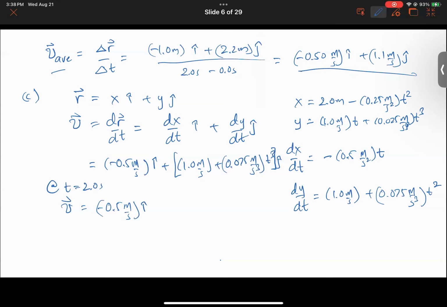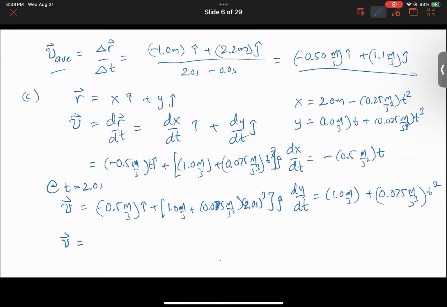And then at t equals 2 seconds, yung y component magbabago, kasi i-multiply natin itong 0.075 meters per second cubed by 2.0 seconds squared, j hat. So yung velocity vector natin ngayon is given by, wait, t pala to, no?